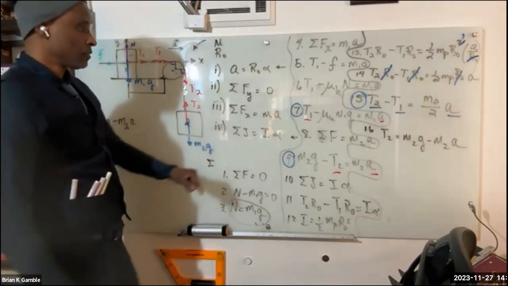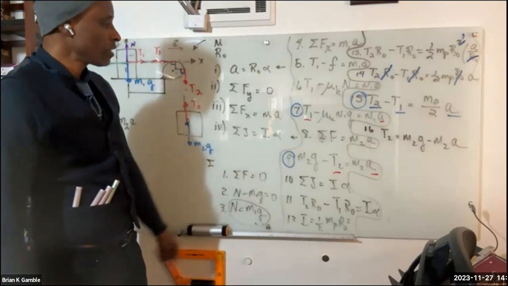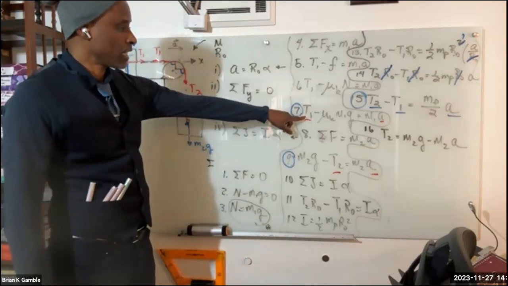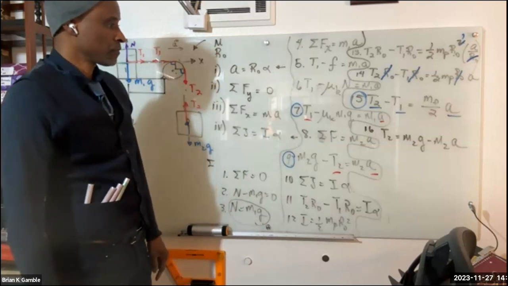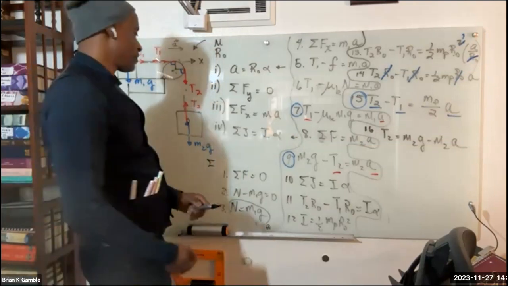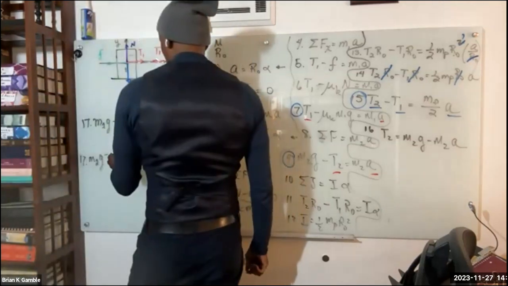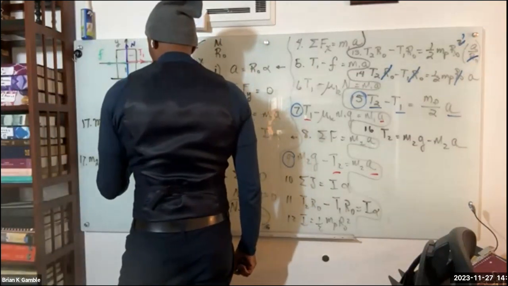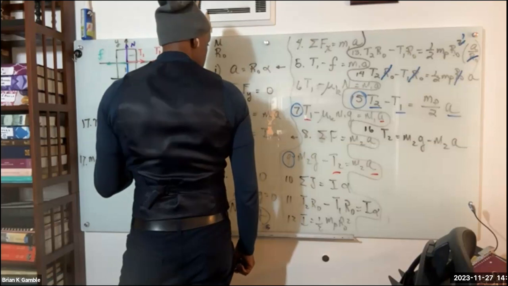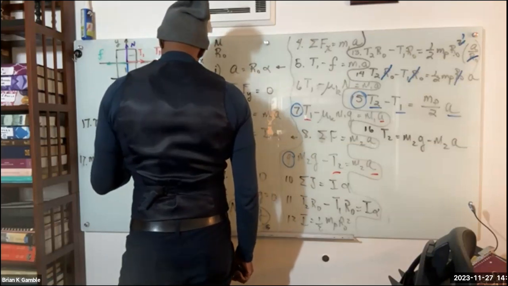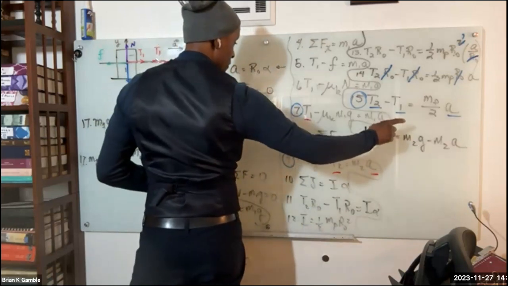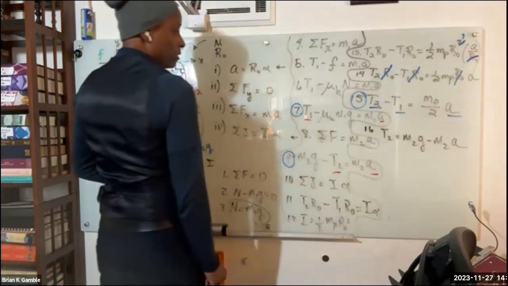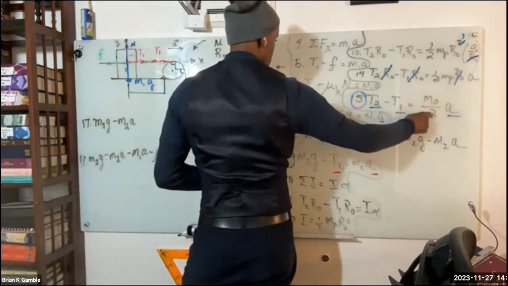I'm substituting in T1, so T1 actually equals M1A plus mu K M1G. So when I substitute that in, I'm going to have a minus M1A and a minus mu K M1G, and all of that equals MP over 2A.